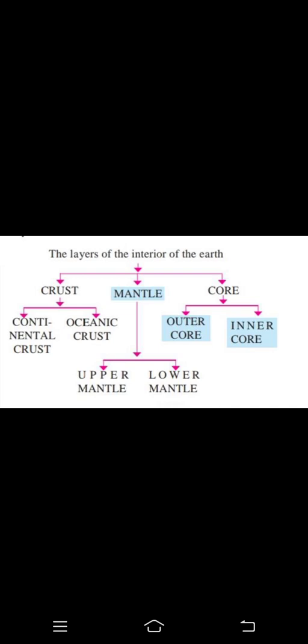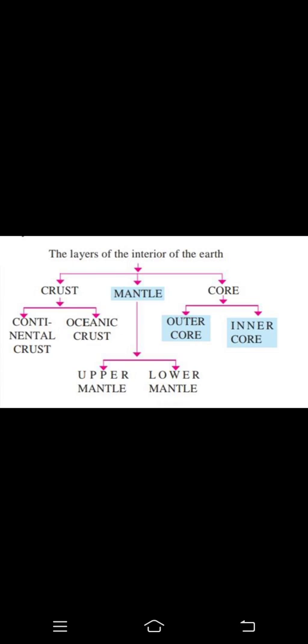Mantle is the upper layer of the liquid state. Here one finds magma chambers. From these chambers, magma comes out on the surface during a volcanic eruption. Whenever you see a volcanic eruption coming out from a mountain, it is coming out as magma, and the place it is coming from is called the mantle.